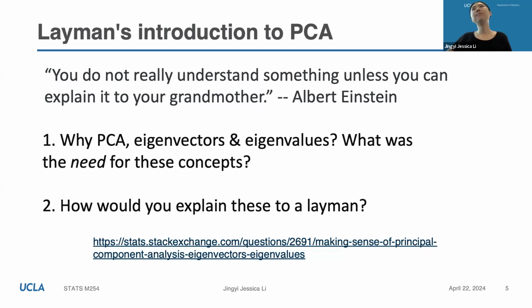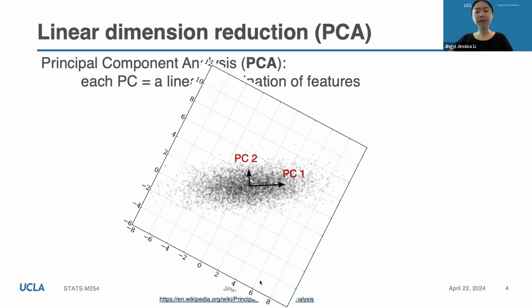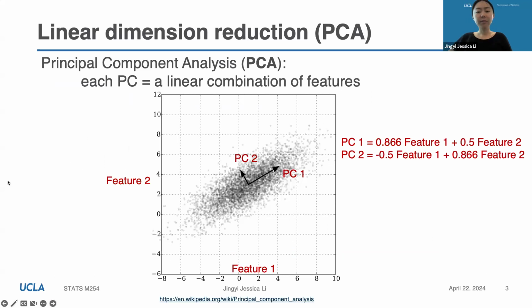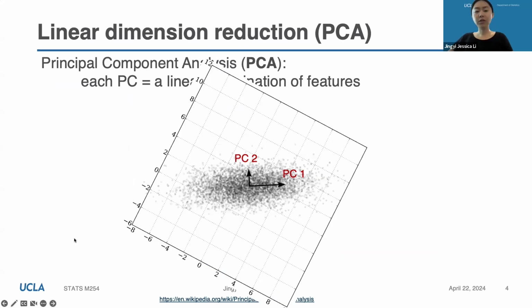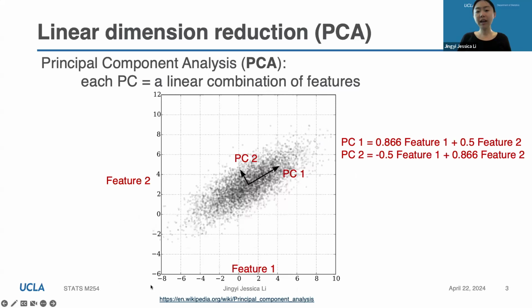So basically, consider eigen decomposition just as a way to do the rotation of your original coordinate system. For example, coming back to this example, your original two features are indeed positively correlated, but we want to find a new coordinate system so that the two new features are orthogonal. That's just the way we think about eigenvalue and eigenvector. So essentially here, the two weights, 0.866 and 0.5, that's eigenvector 1.